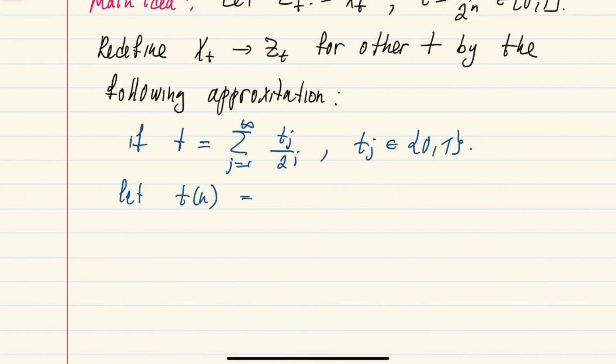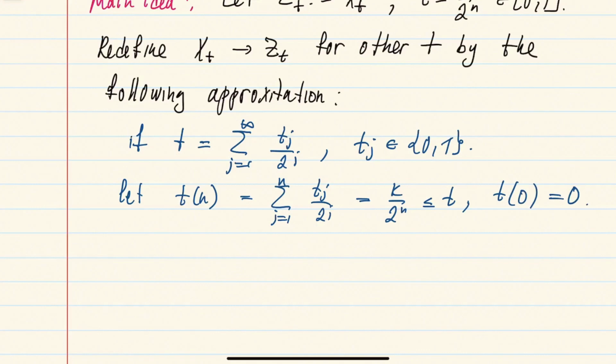So it will be simply a sum up to n. And we'll also agree that t_0, the 0th approximation, is just 0 for all t.